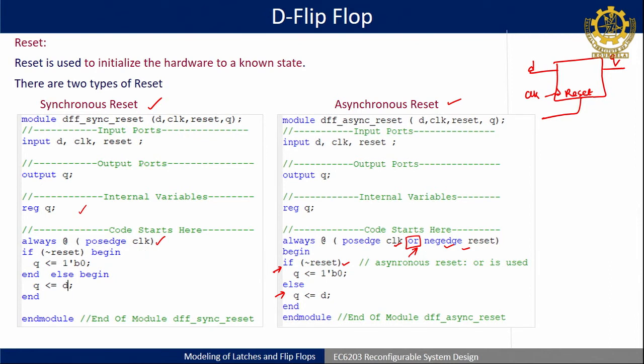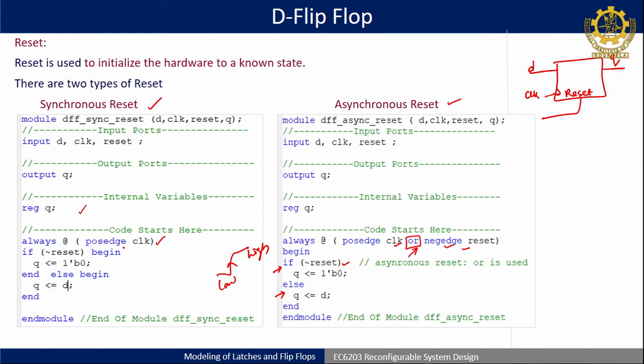That means if there is a trigger from low to high, I told you what posedge is in earlier classes, the block will be executed. In that, first it will encounter the reset low. Here also reset is active low. So, when reset is low and clock is there, then my output is 0.